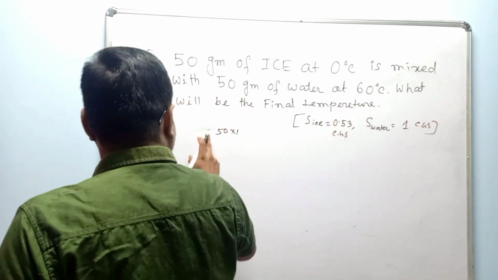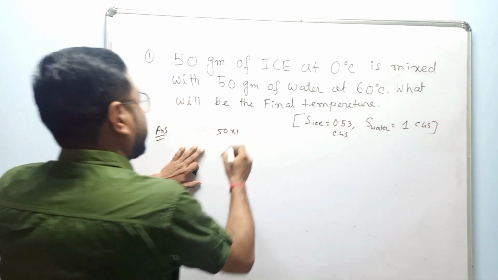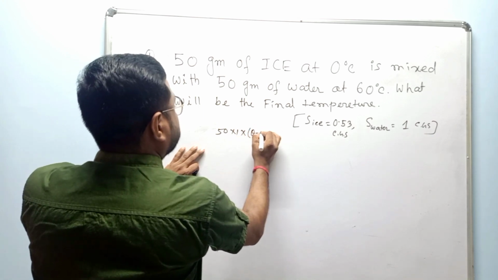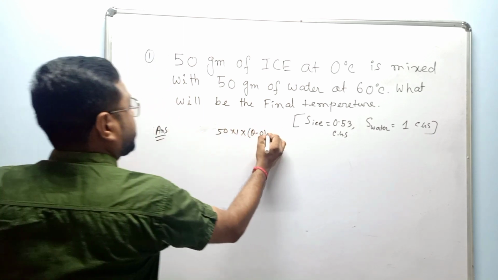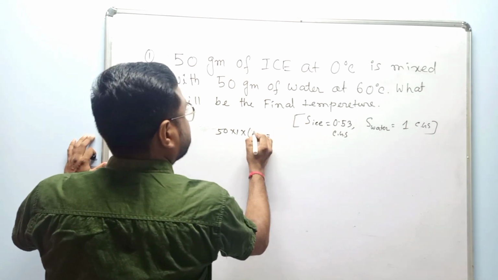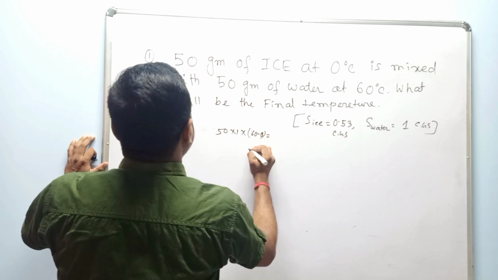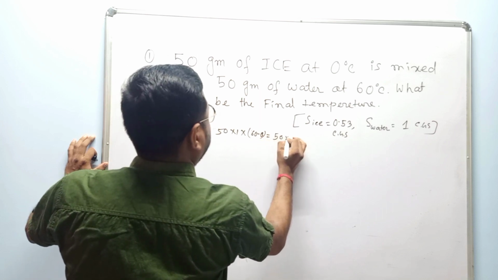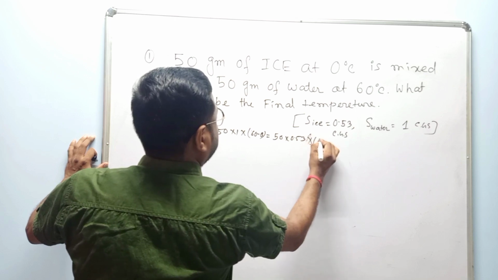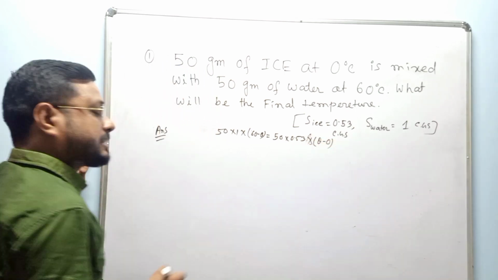So if you write 50 into 1 into 60 minus theta must be equal to 50 into 0.53 into theta minus 0, then the sum will be incorrect.